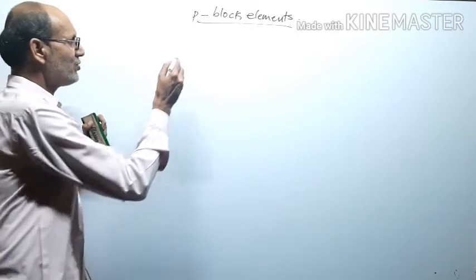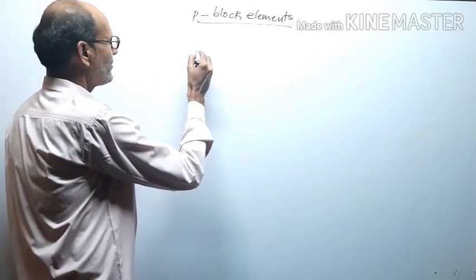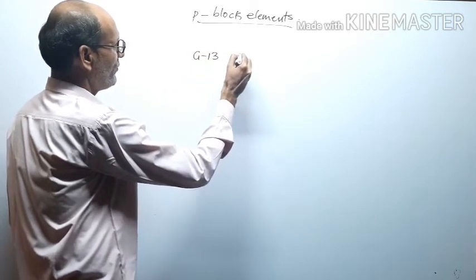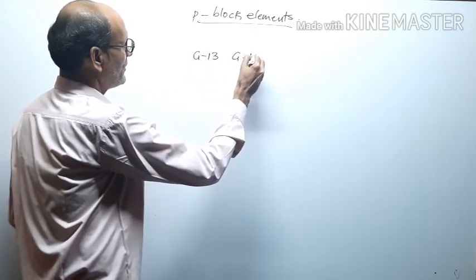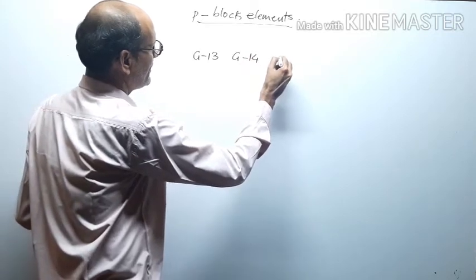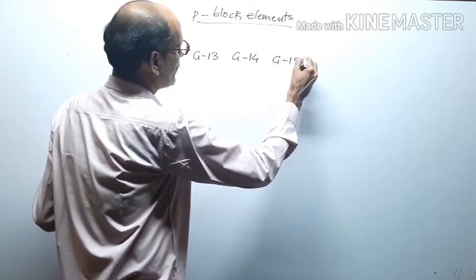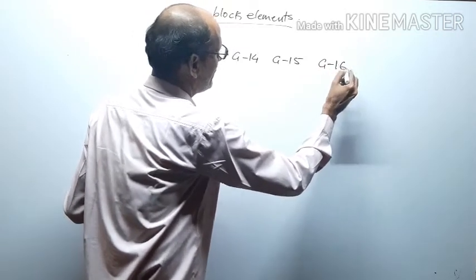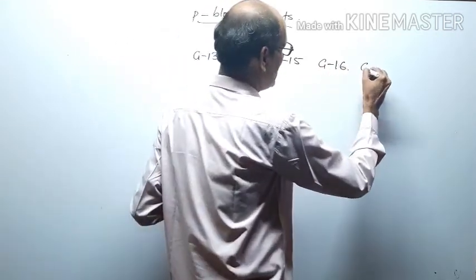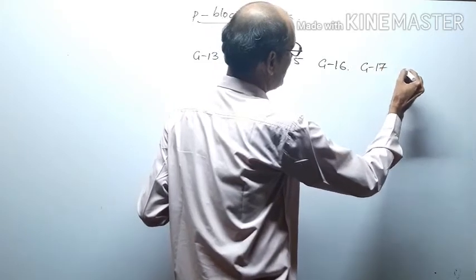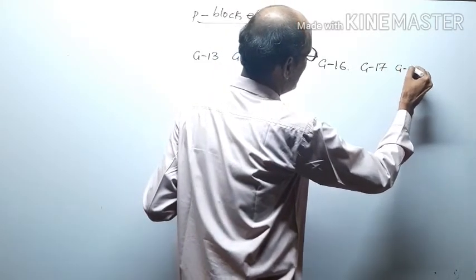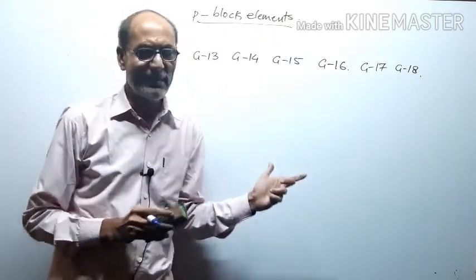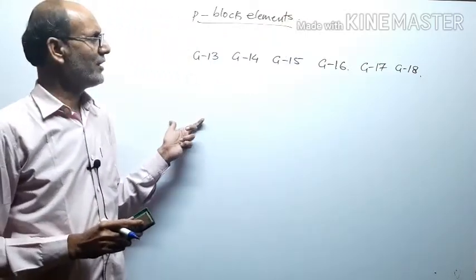So dear student, first of all, group 13, group 14, group 15, group 16, group 17 and group 18 elements. These 6 groups of elements are called P block elements.